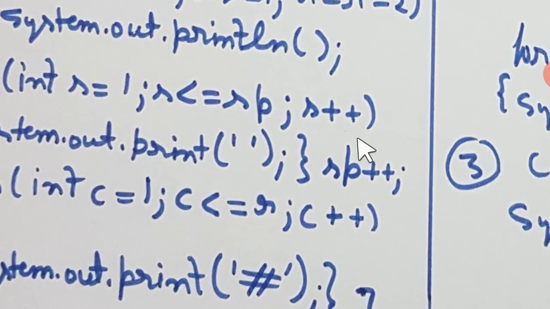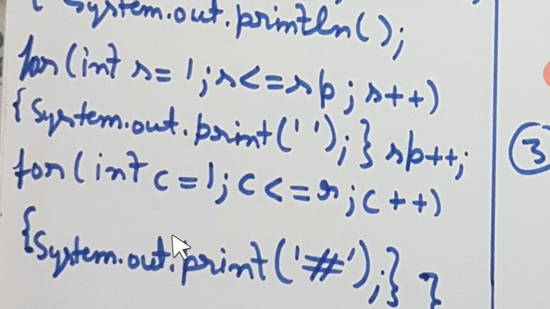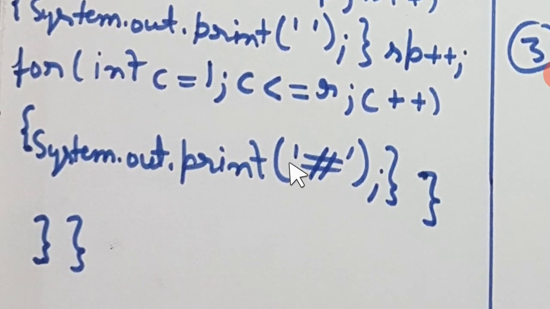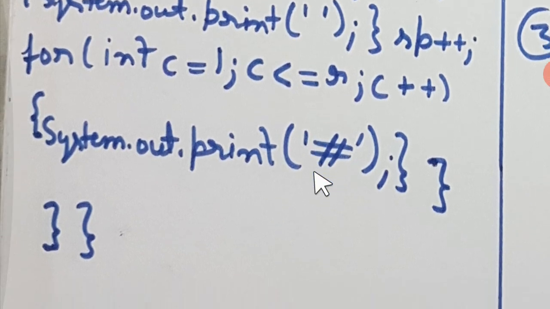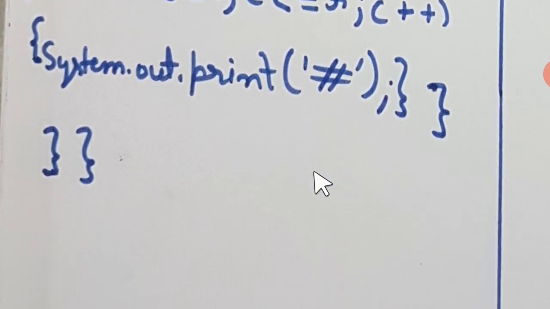After that it has for int c equal to 1, c less than equal to r and c plus plus. So it's going to print that many hash symbols. First time it will be 1 to r, that is 1 to 7, so 7 hash symbols, and then 1 to 5, then 1 to 3, then 1. I've already explained the process. I hope it's clear to you all.